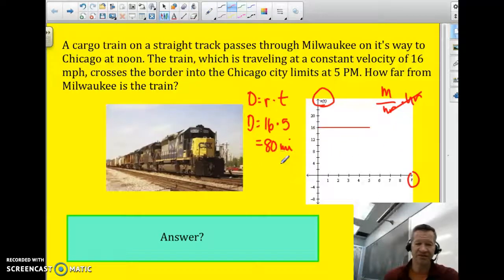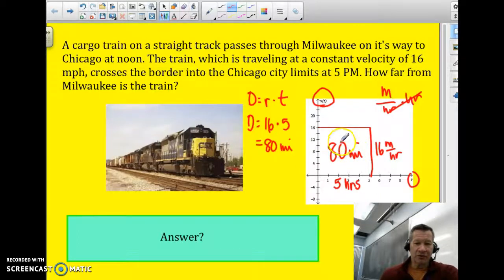This distance that the train travels can be represented by the area of this rectangle formed between 0 and 5 on the time axis and between 0 and 16 on the velocity axis. So the base of this rectangle is 5 hours, while the height is 16 miles per hour. And multiplying that gives us the distance, 80 miles.